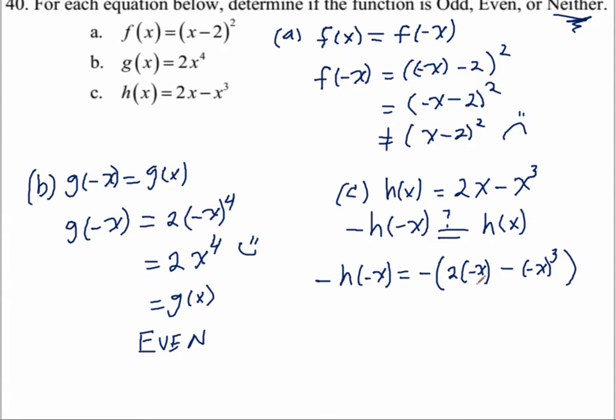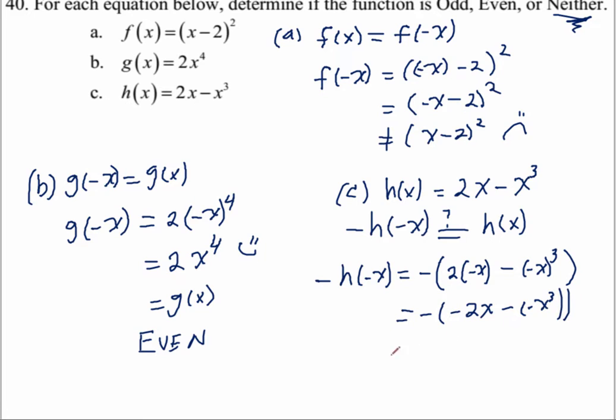Let's take care of the inside first. Working from the inside, it's going to be the opposite of negative 2x, because 2 times negative x is negative 2x. And then negative x cubed is a negative, because if you cube a negative, you get a negative x cubed back.